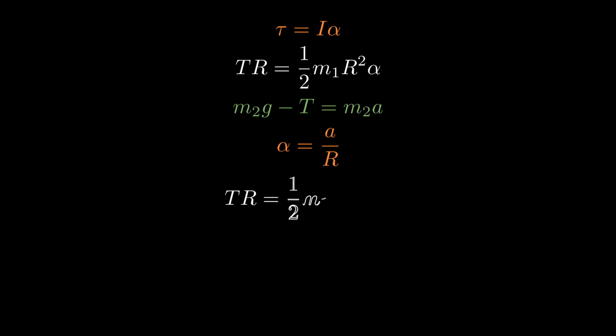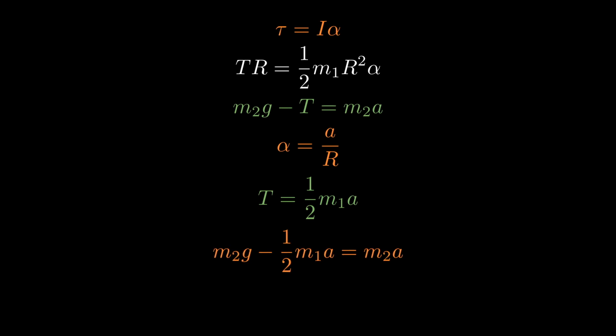And after we plug this in, we can simplify that equation to tension equals 1/2 m1a. And now we can plug this into our equation for Newton's second law to get m2g minus 1/2 m1a equals m2a. And now we can bring like terms to one side to solve for acceleration. And after we simplify, we get that the acceleration is 2m2g divided by m1 plus 2m2. And now in the second part of part B, we want to find the tension in the cord.